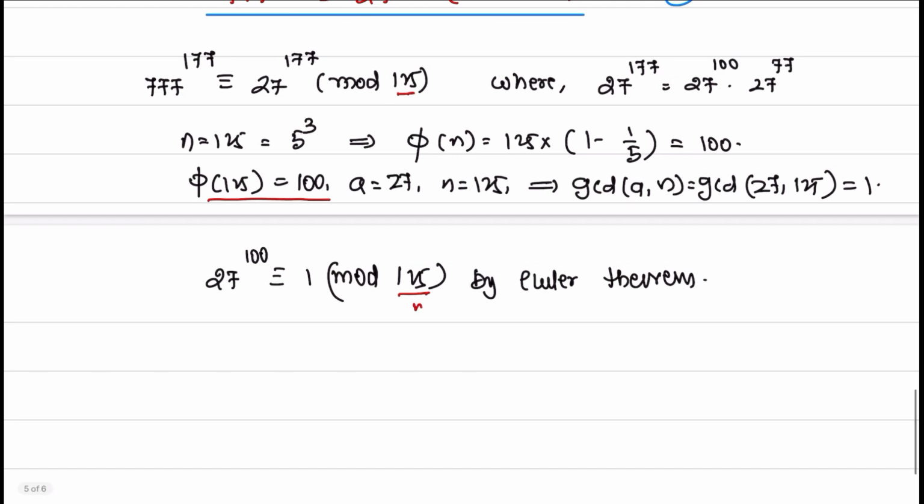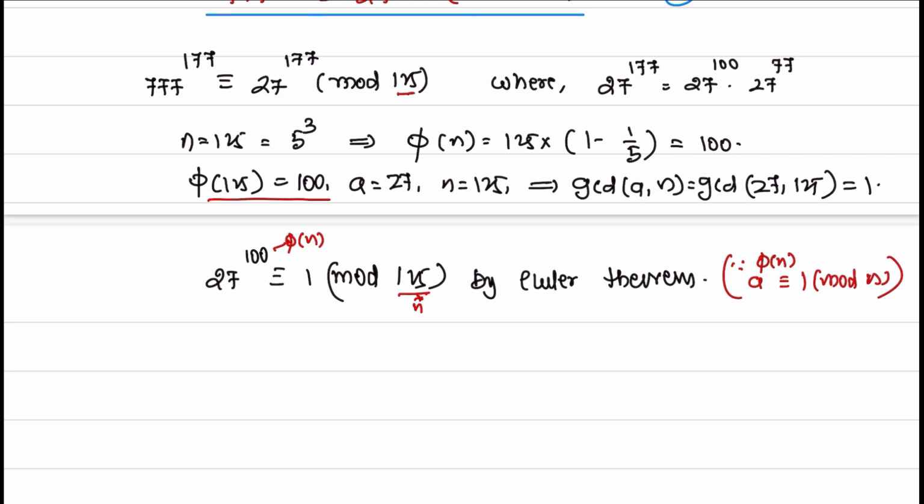Phi 125 is 100. This is n, this is phi n. This is the Euler theorem.